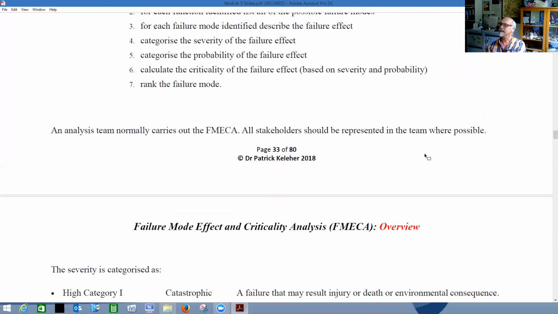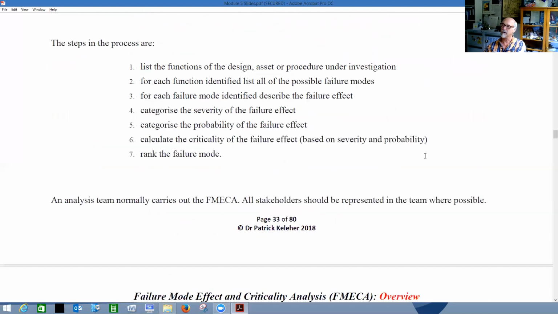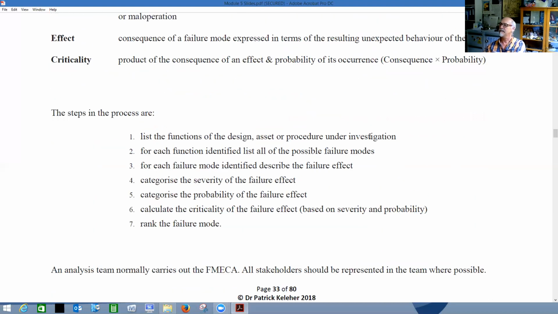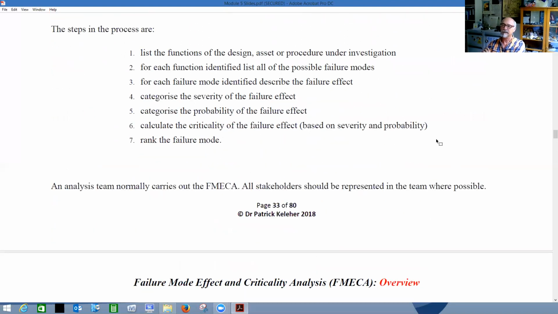And then the team carries this out, and obviously all stakeholders should be represented, because if you underestimate or overestimate because you haven't got all the information from all the parties, then that analysis is not going to be very effective.